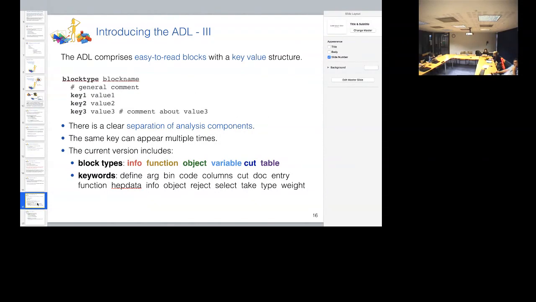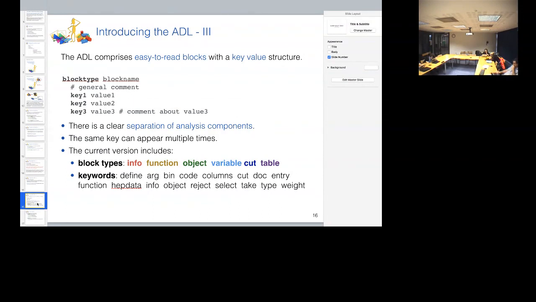There's a block that describes information about the analysis, details about the DOI and so on. There's a block that describes functions, and this is where one would describe which external functions can be called, but then the binding of the function is the responsibility of whatever tool takes in the ADL and does something with it.